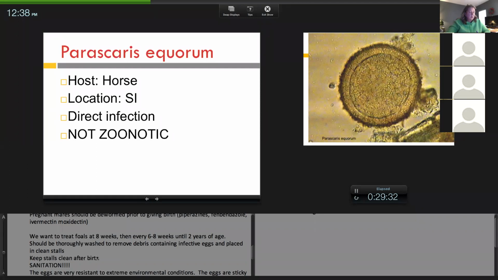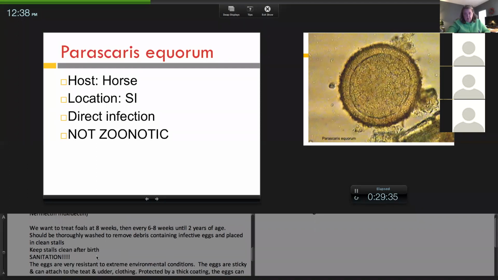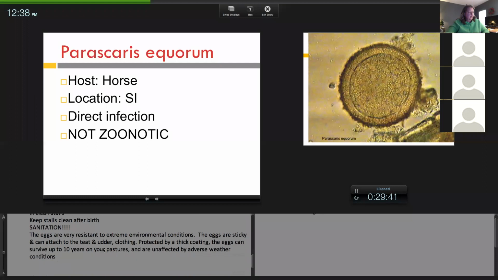Keep clean stalls. Try to clean the pasture as much as you can, or control it, maybe by rotating pastures, but sanitation matters because the eggs are very resistant even to extreme conditions. They're very sticky and have a thick coating. There's a note that they can survive up to 10 years in a pasture, even after a big freeze, and you assume some of these are definitely going to live. You may have heard of people burning a pasture, but that's not what I'm talking about.